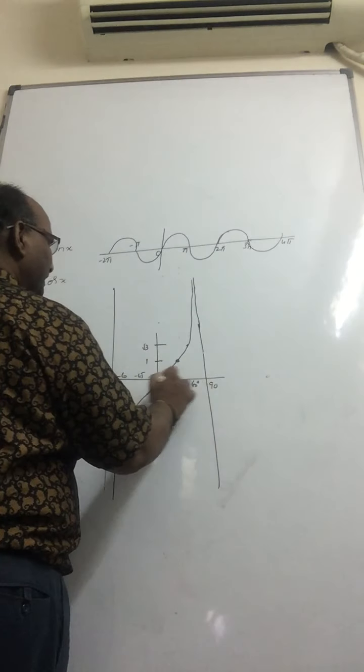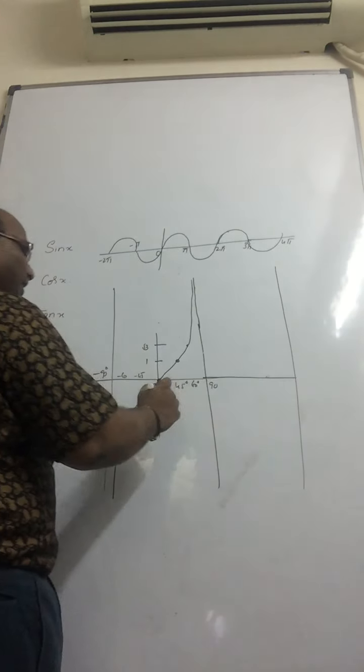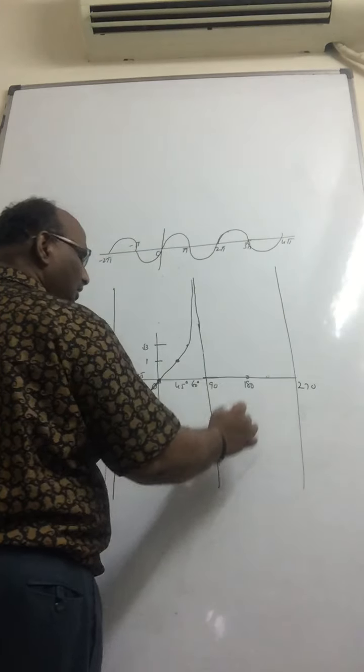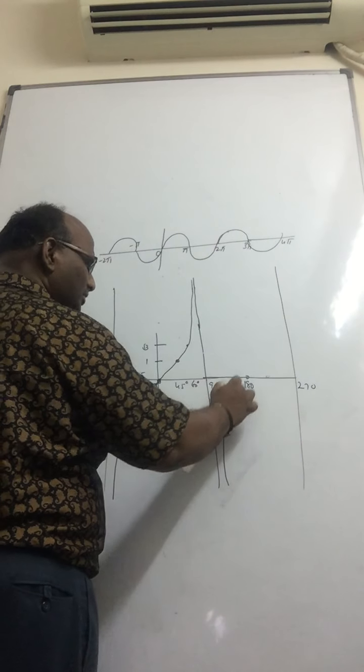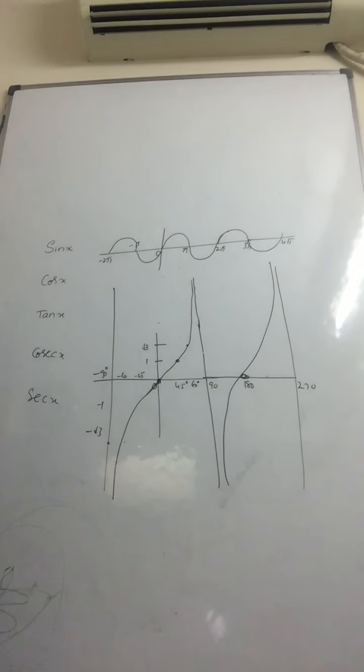This is for 180 degrees, 90 plus 90. If you take another 180 degrees difference, that is 270, you know that tan 180 is 0, and the graph again looks like this. At 180 it crosses the x-axis. This is how you have to draw the graph of tan x.